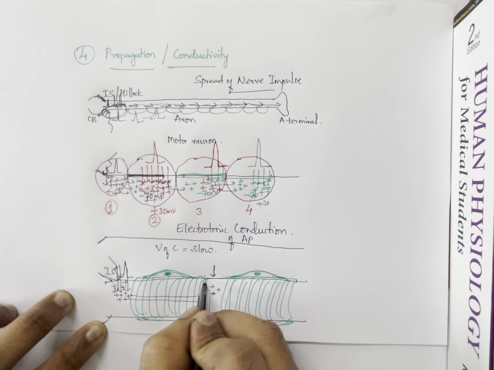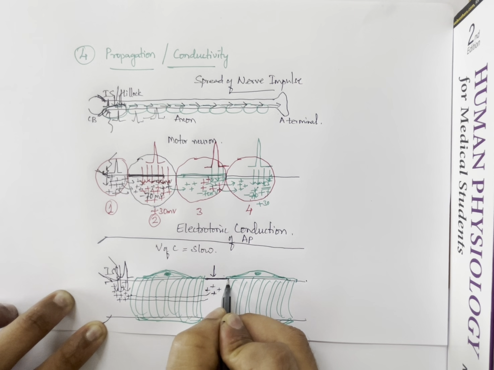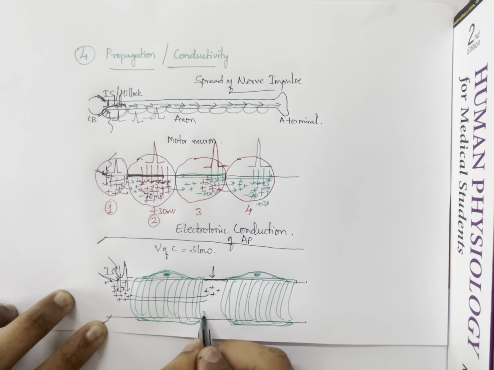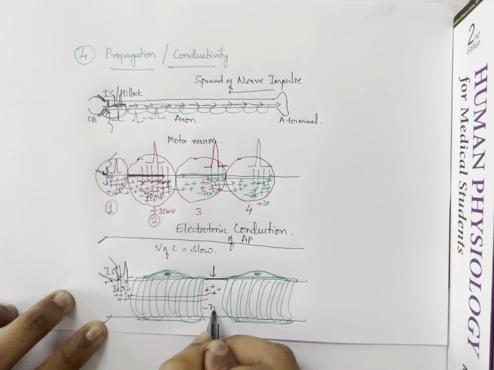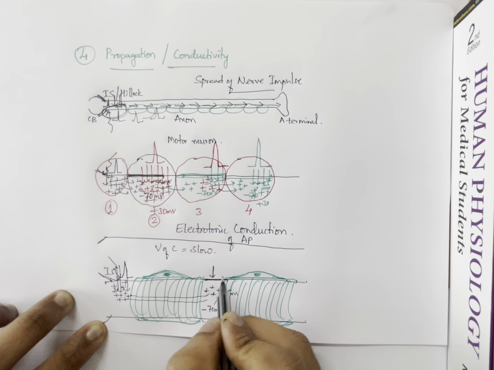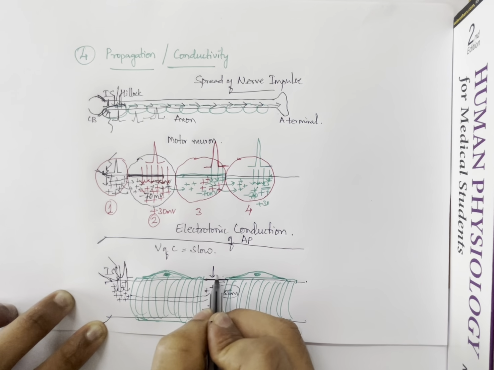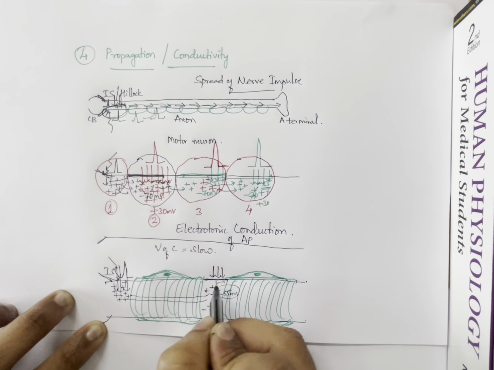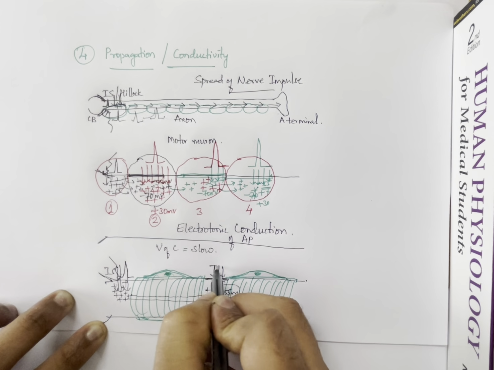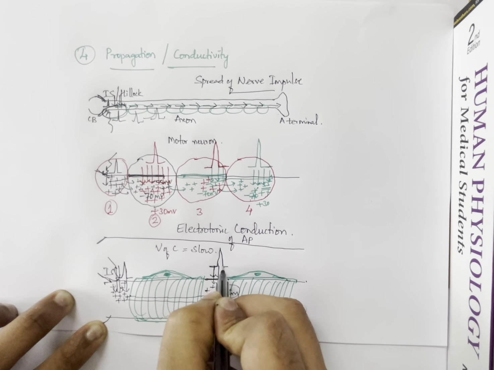And here in this portion, what is happening? Because of the entry of positive charge, the membrane potential from the minus 70 millivolt resting potential is taken to the firing level, that is minus 55 millivolt, and at this firing level a large number of voltage gated sodium channels get activated and action potential is generated in the node of Ranvier.